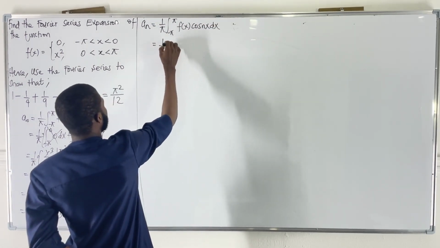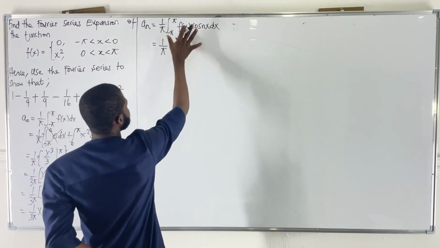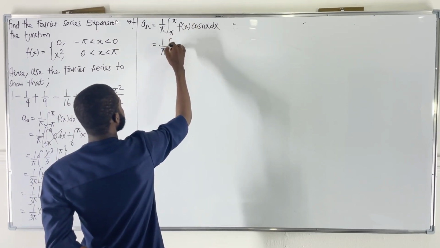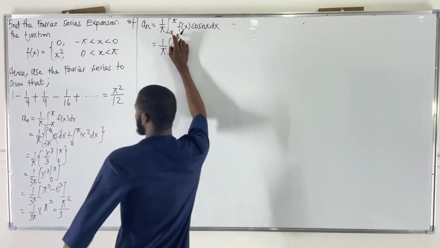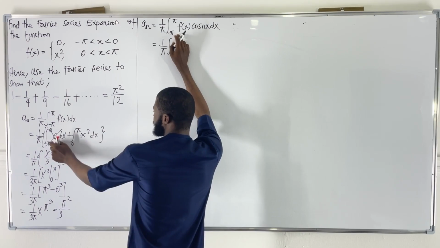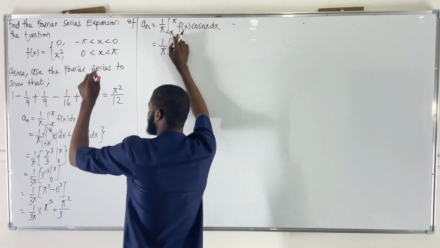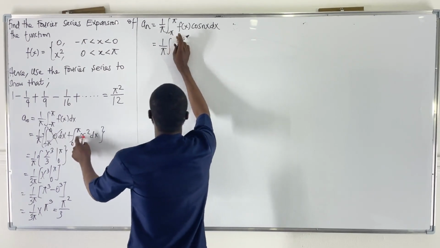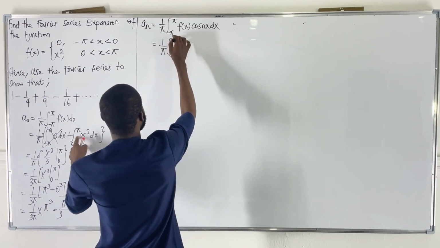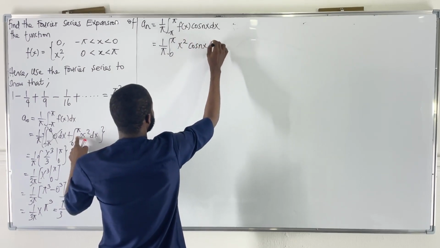Remember that we're going to break it the way we did here. But since one part of the function is 0, this part will always give me 0, so let me just throw that away and only use this one, from 0 to pi. f of x is s squared, cos nx dx.